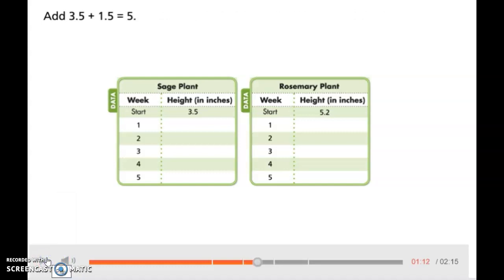Okay, so we are adding 1 5/10 or 1.5 to the plant because the plant grew 1.5 inches each week. So we are adding because each week the plant is going to get taller.